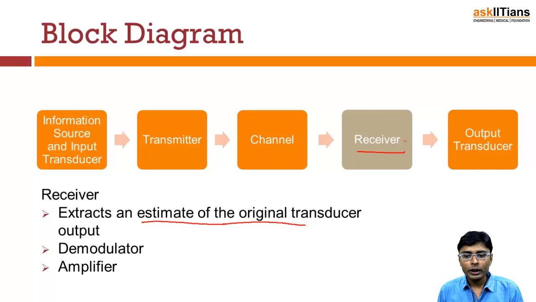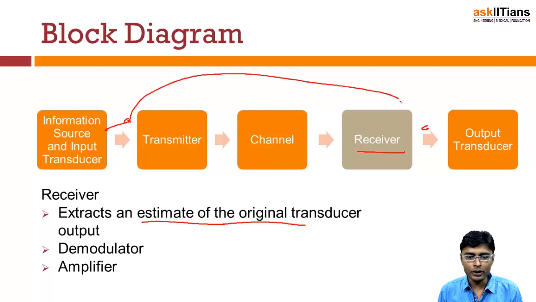Basically, the output of the receiver should ideally be equal to what the input transducer is sending. If our system is perfect, with no noise and no distortion, then the signal transmitted by the input transducer will be exactly the same as the output of the receiver, right? Because the receiver will estimate what the input transducer has sent.